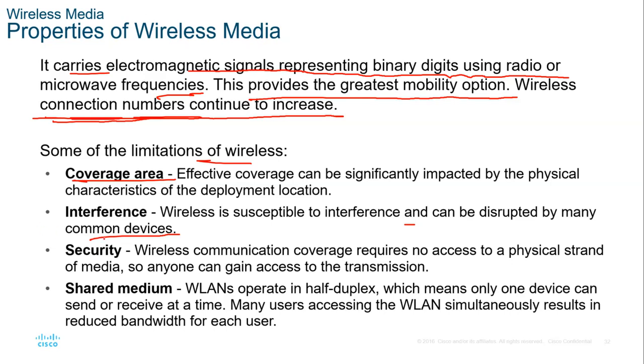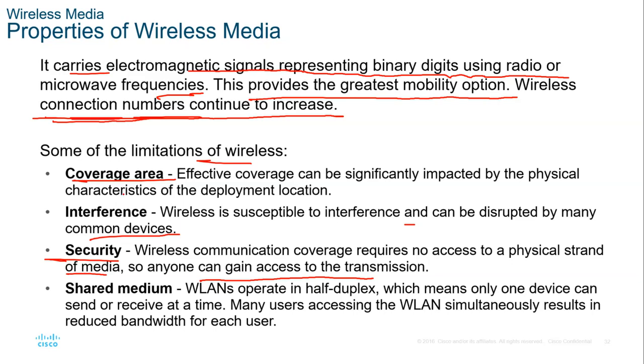Then security. Wireless communication requires no access to physical strands of media, so anyone can gain access to the transmission because we don't need the cable. If it's a cable, you can restrict it, but here it's just space, meaning that everyone can access, and mostly hackers can come up with a tool or a code to tap into your network.